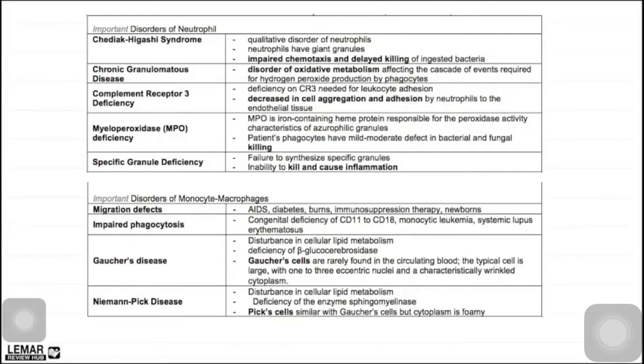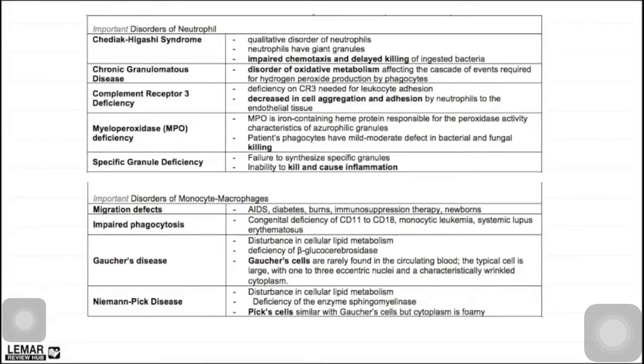This enzyme normally splits the glucose from its parent sphingolipid, glucosyl ceramide. As a result of the enzyme deficiency, what happens? There is accumulation of cerebroside in the macrophage.